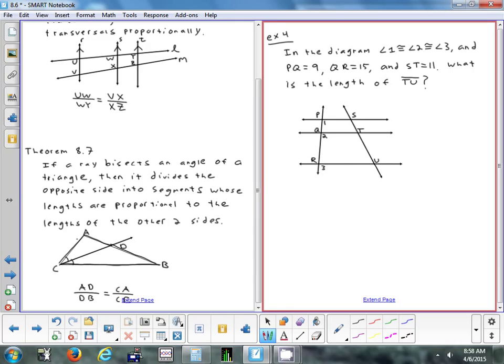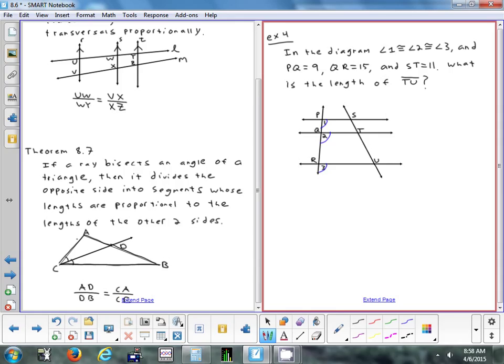All right, so in this diagram, they've given me a couple facts. Angles 1, 2, and 3 are all congruent. What does that mean? If angle 1, 2, and 3 are all congruent. They're all parallel.